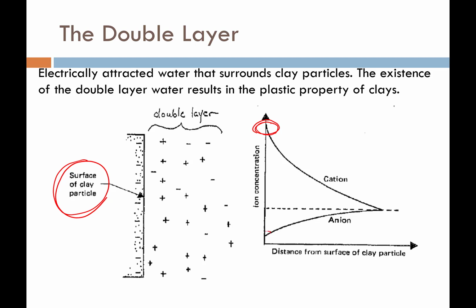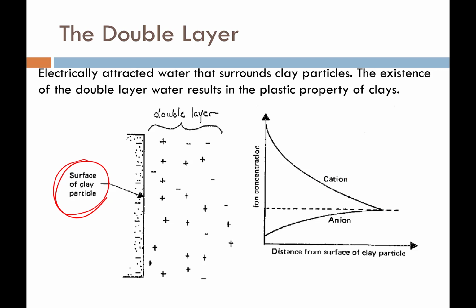Now, we get the fewest amount of anions or negative ions right next to or closest to the edge of that clay molecule. But you still can get a few. The further we go away from the edge of that molecule, our population of anions increases, but our population of cations decreases.